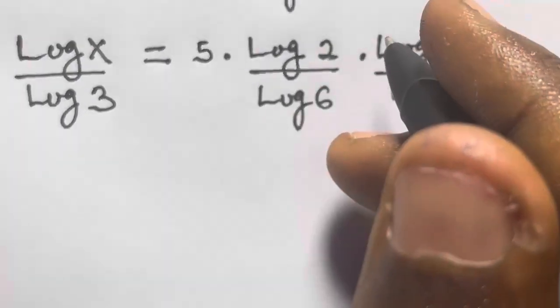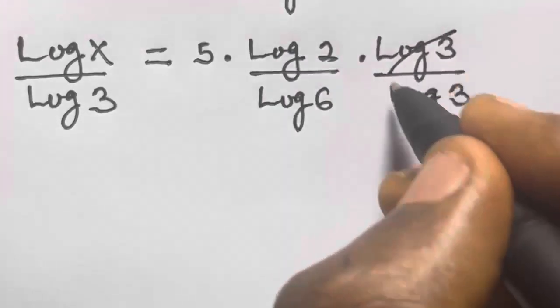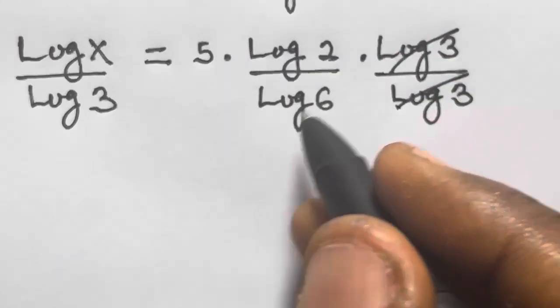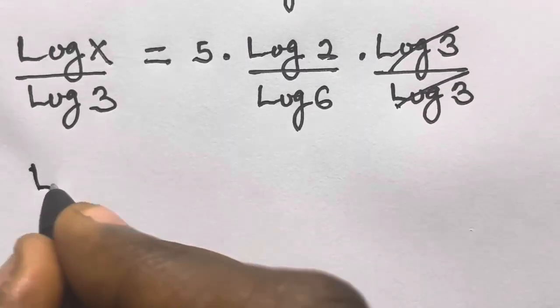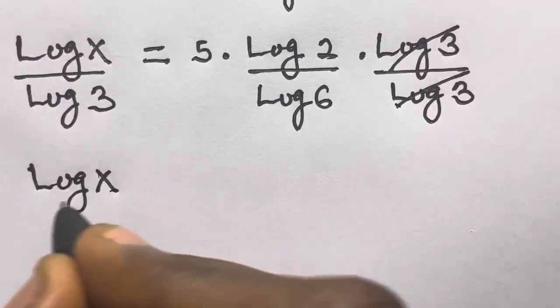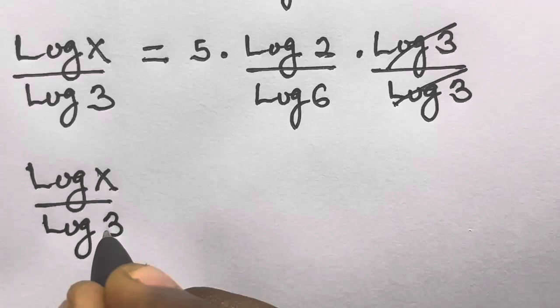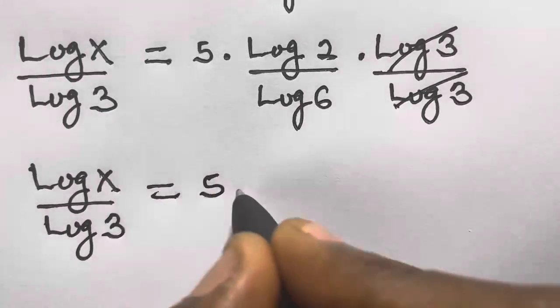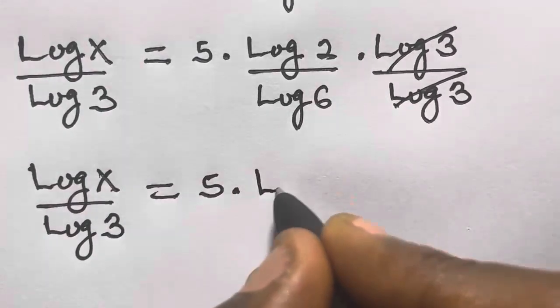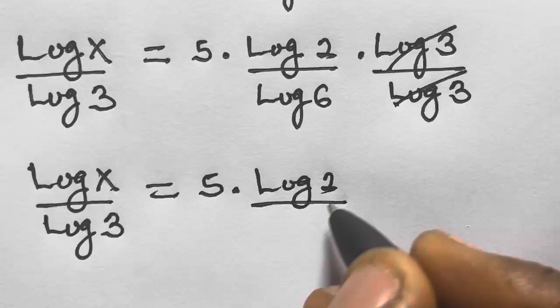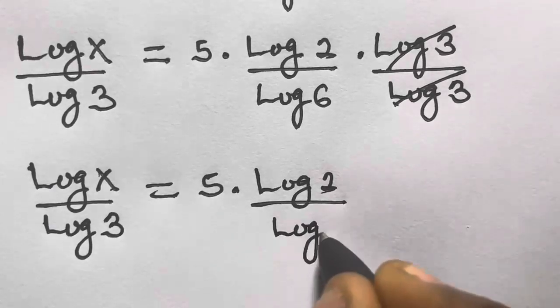If you divide by log 3, you will observe that this will cancel this, and this becomes 1. So we will have log x divided by log 3 equals 5 times log 2 divided by log 6.